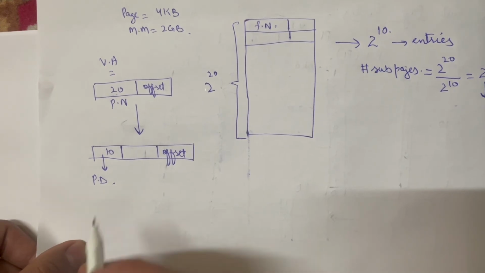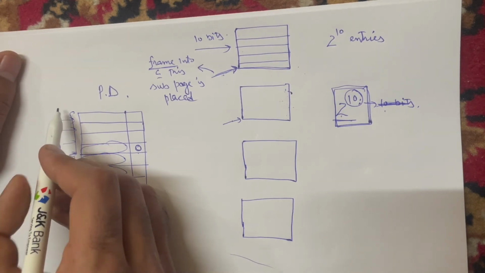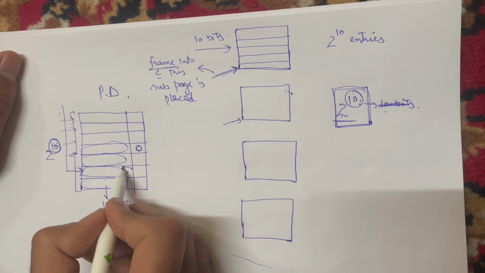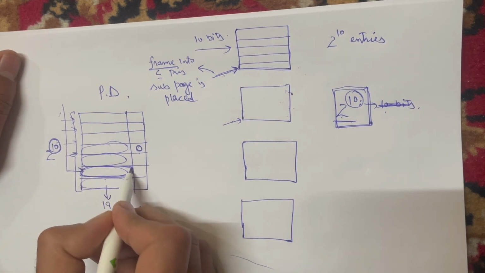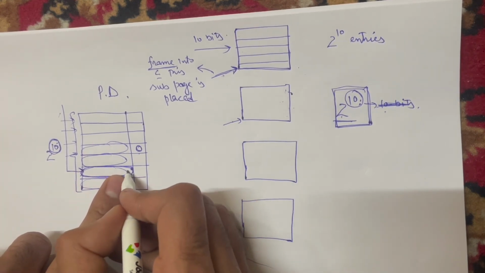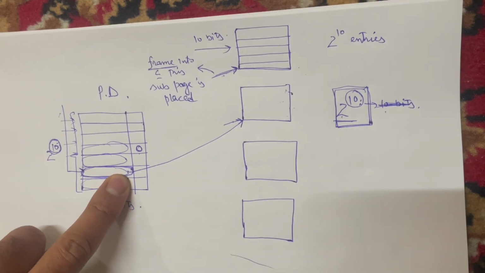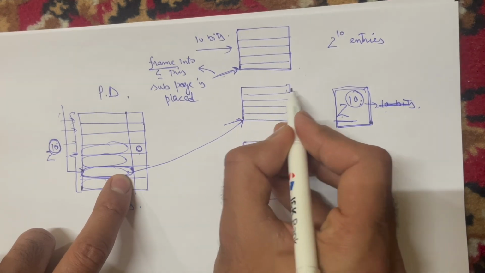From these 10 bits I will first access the page directory. So for example it is saying this. From here I will get the particular sub page's frame number, or frame address. Let's suppose this is pointing to this particular sub page. In this sub page we have 2 raised power 10 entries.